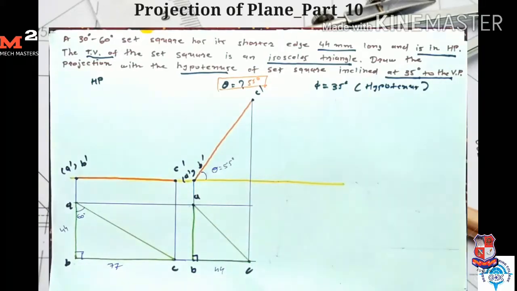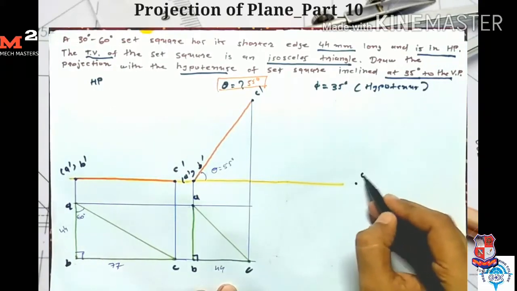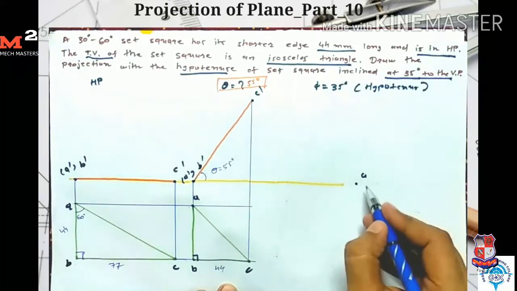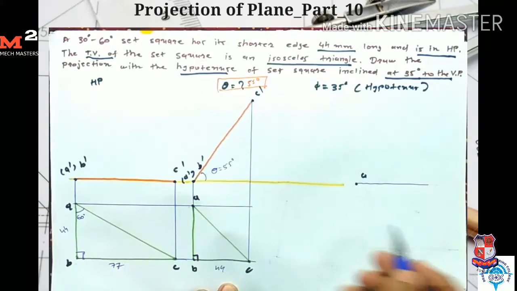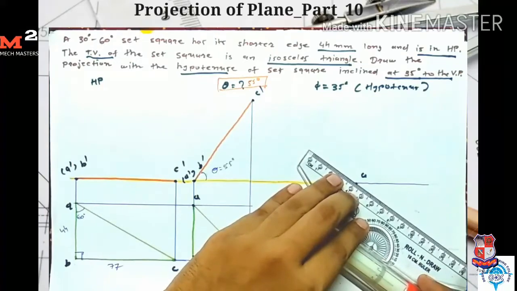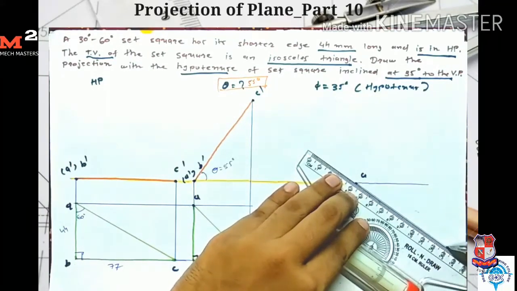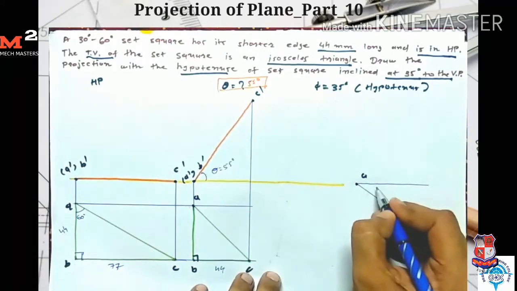So we require to find a new apparent angle for this length. For that, first I take the point A, and from point A I draw one line at an angle of 35 degrees.